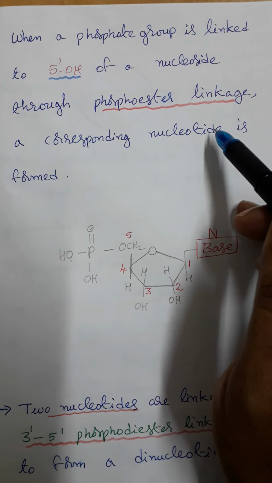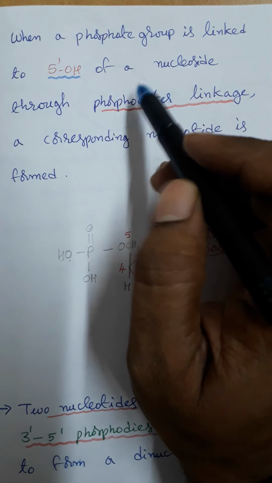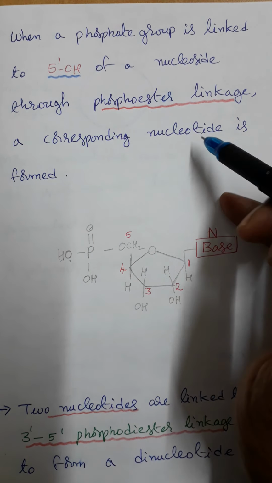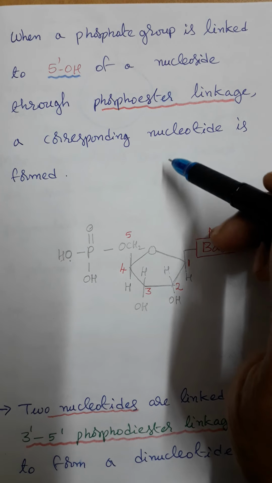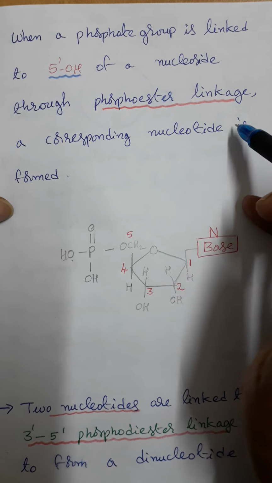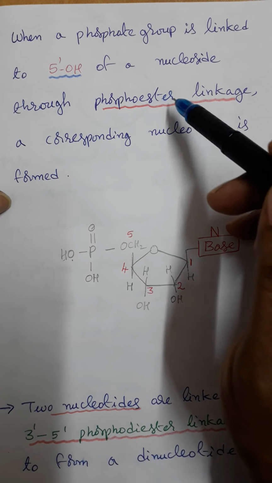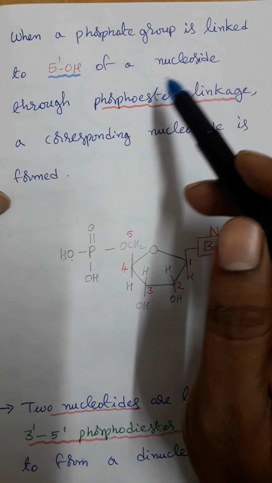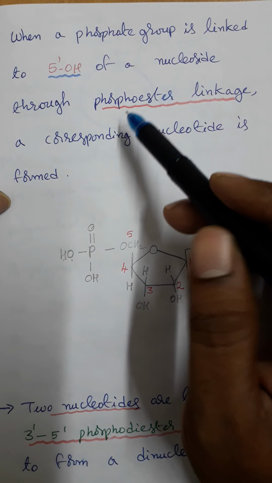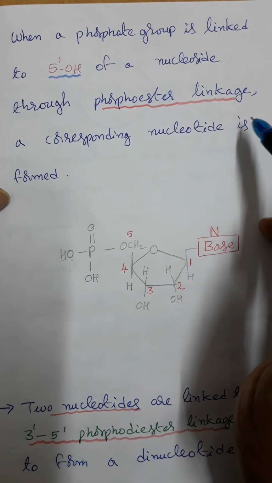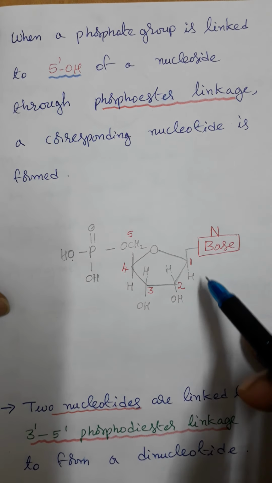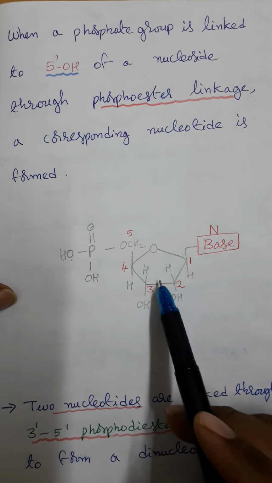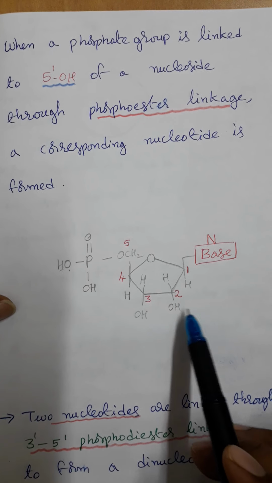When a phosphate group is linked to the 5' OH of a nucleoside through a phosphoester linkage, a corresponding nucleotide is formed. Look here at this chemical structure of the sugar.